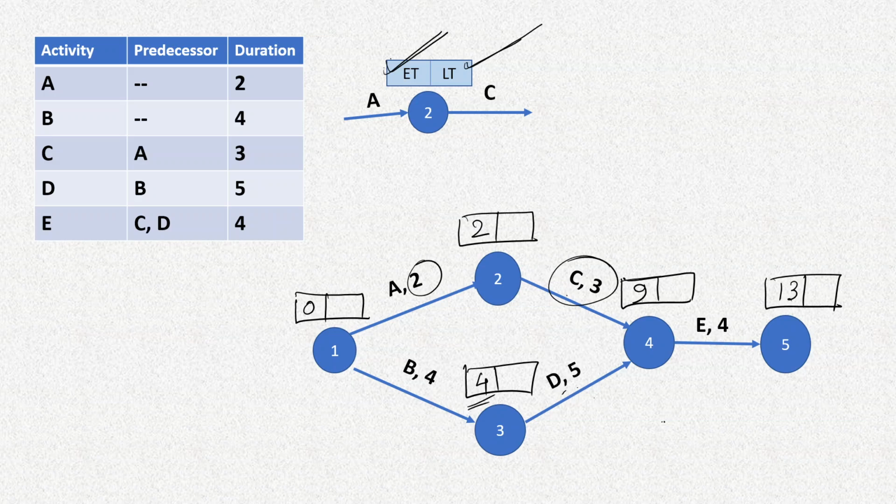Then when we carry out the backward pass, we'll start from the last node and we'll write the same number here, 13. Then we'll come back to this node, and here 13 minus 4 is again 9. It's the same number. After that we'll go back here. This is 9 minus 5, that is 4, and this is 9 minus 3, that is 6. Now you can already guess what will be the critical path.